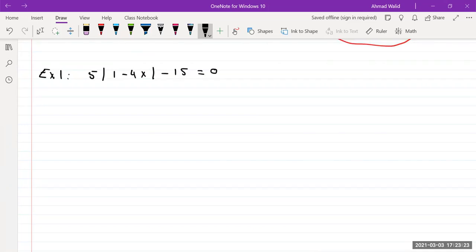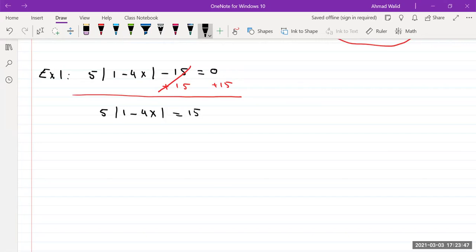Okay, step 1, add 15 to both sides. These two cancel out. Then 5 times the absolute value of 1 minus 4x equals 15.